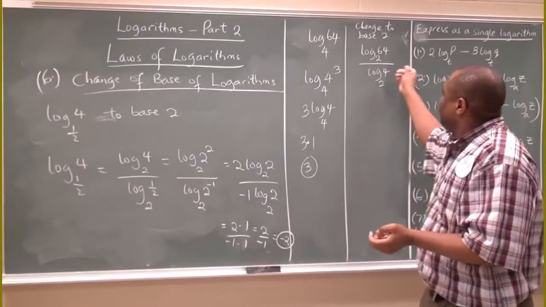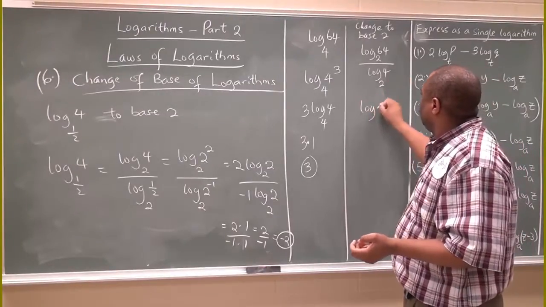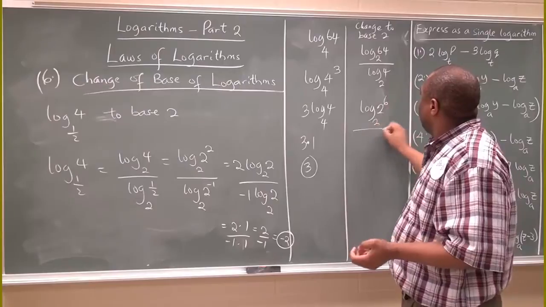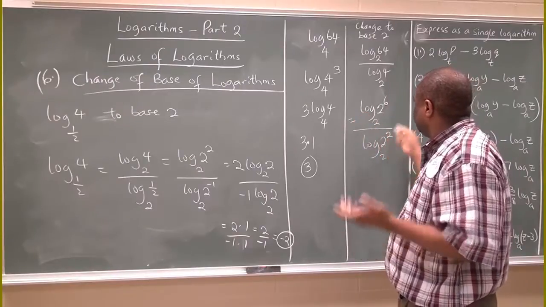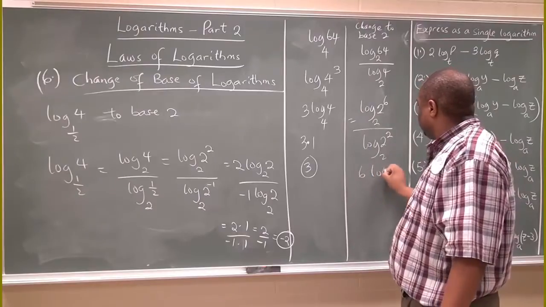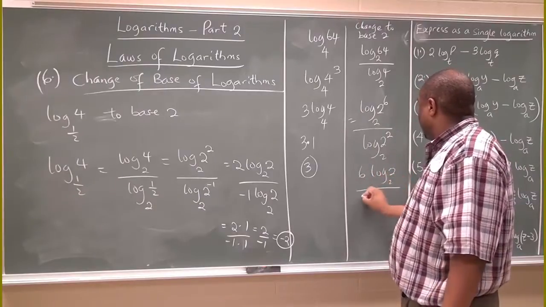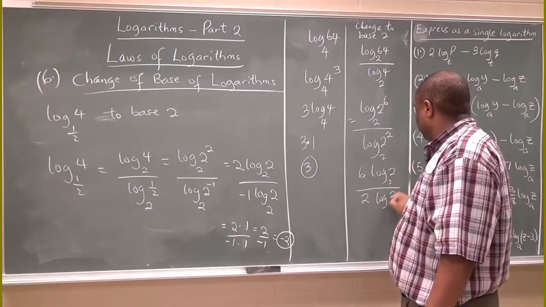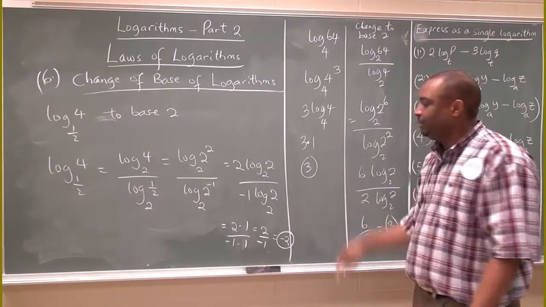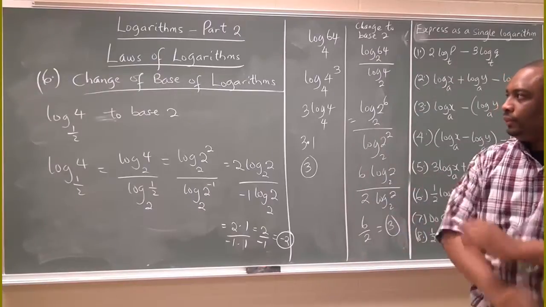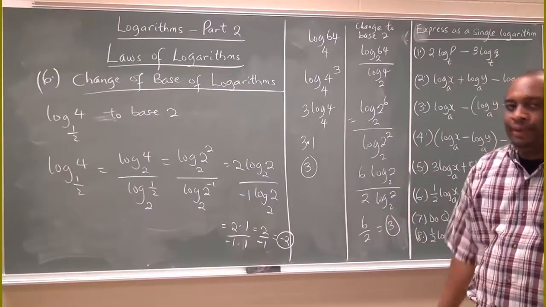Okay, so this is now log 2 to the power 6 base 2 all over log 2 to the power 2 base 2. So this gives you 6 log 2 base 2 all over 2 log 2 base 2. And this gives you 6 divided by 2, which is 3. The same thing. So that is it with laws of logarithms.